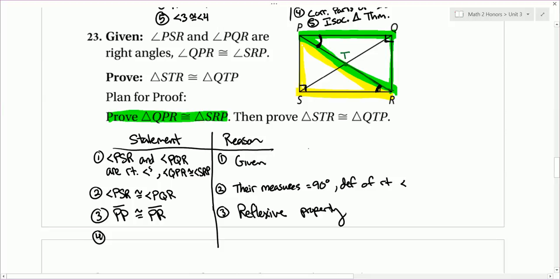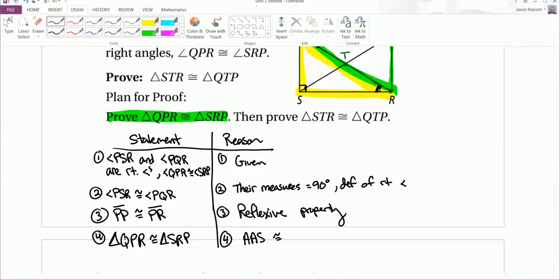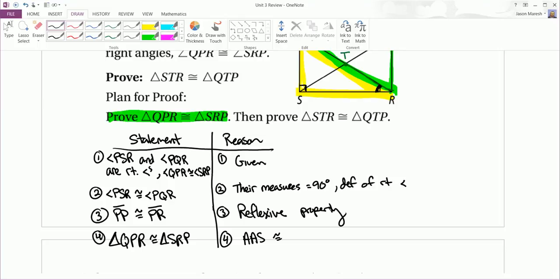So these are, let's see, angle side congruent. So we have enough now to prove that triangle QPR is congruent to triangle SRP by angle side congruence. Alright, so that's not the goal of our proof, but that's the direction we were told to take.